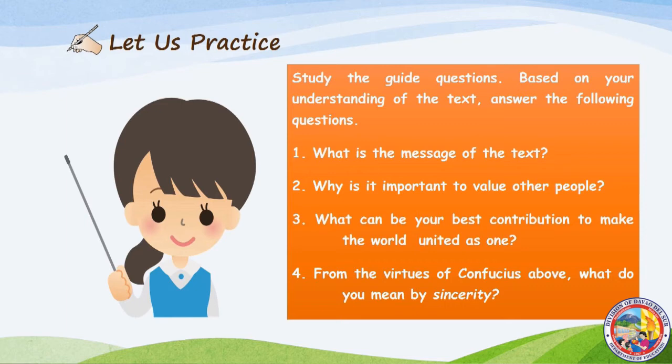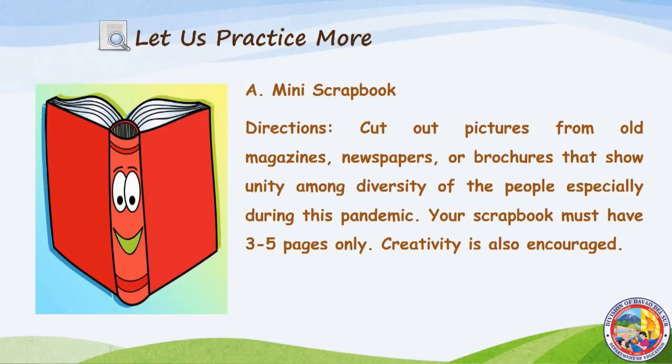Wonderful ideas! I'm glad to hear all your answers. Now, let us practice more by doing this activity for letter A. Mini scrapbook. Do you know what a scrapbook is? Glad to hear.